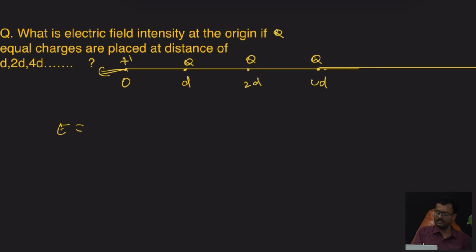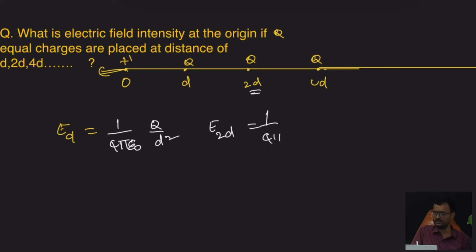Electric field due to Q at a distance d is 1 by 4 pi epsilon naught Q by d square. Electric field due to the charge at a distance 2d is 1 by 4 pi epsilon naught Q by 4d square.